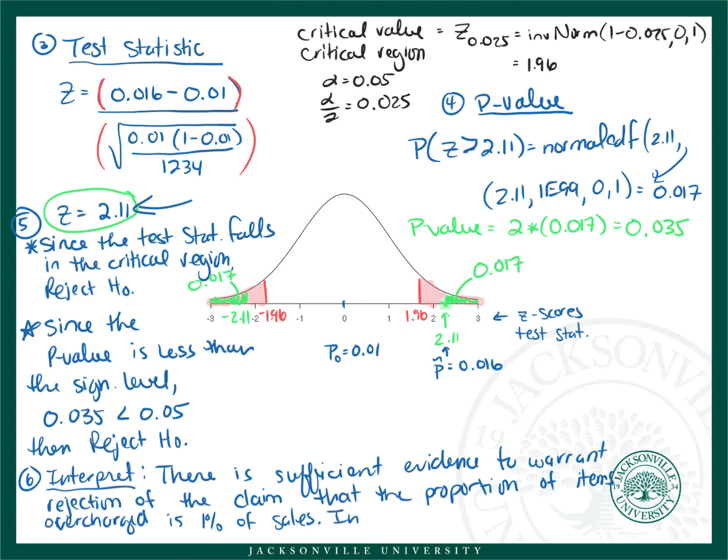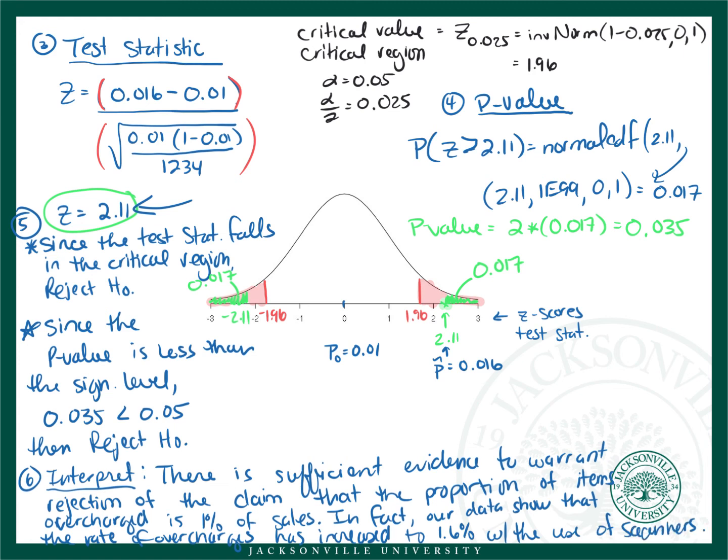Okay, and we can actually say, in fact, our data show that the rate of overcharges has increased, right, to 1.6% with the use of scanners. Okay, and so next I'm going to show you how to do this on the calculator.